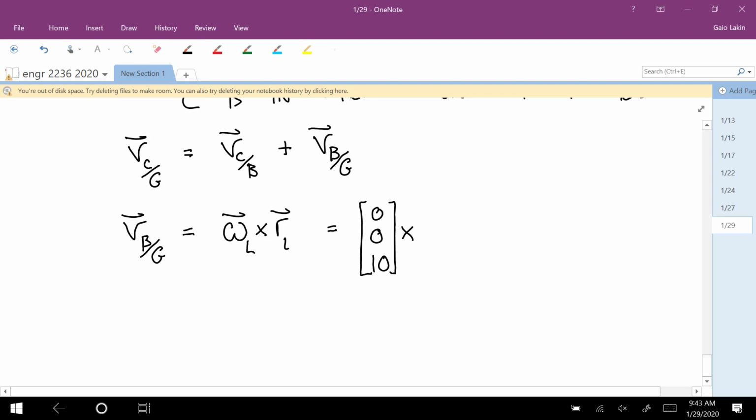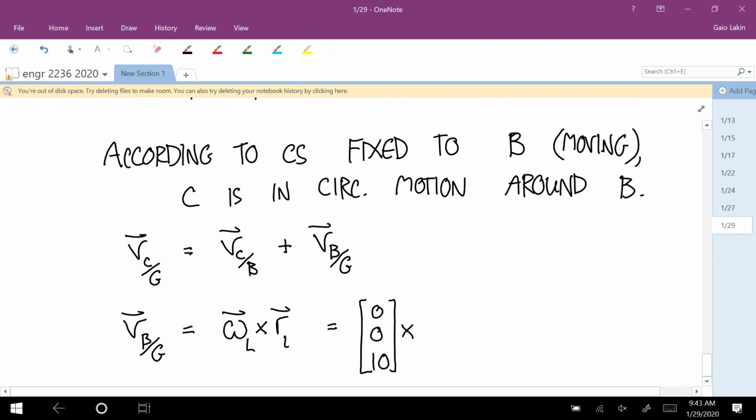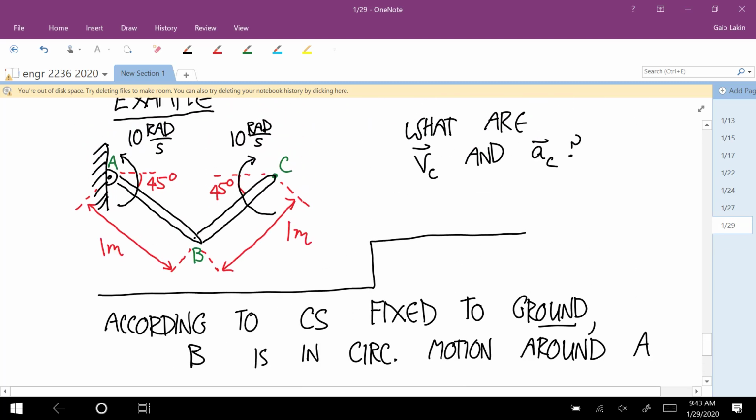And then what's a vector from the center of the circular motion to the point we care about, which is B? That was given in the problem.